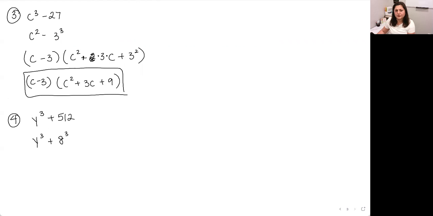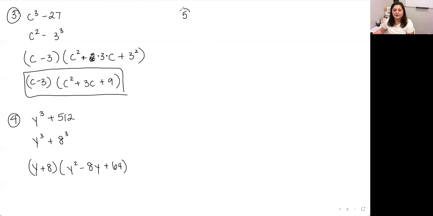So all I did was push 512 and then the cube root of that. So then I'm going to have y plus 8, y squared minus 8y plus 64. And I got the 64 from the 8 squared.